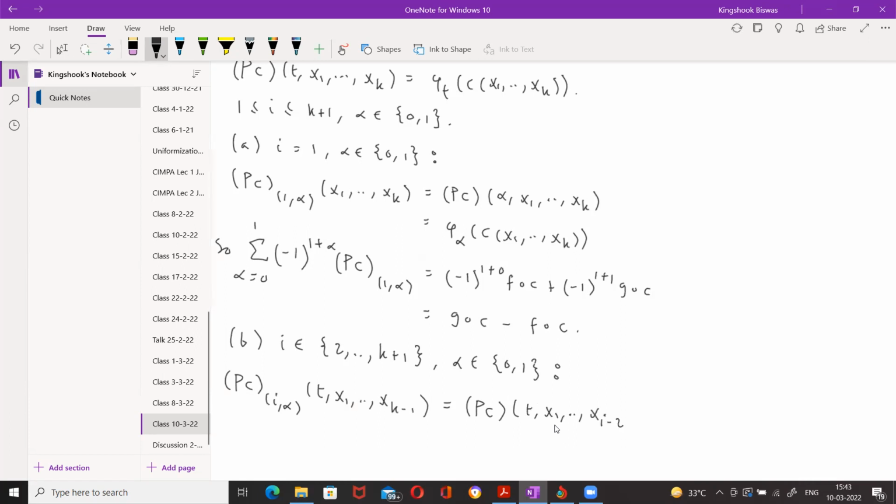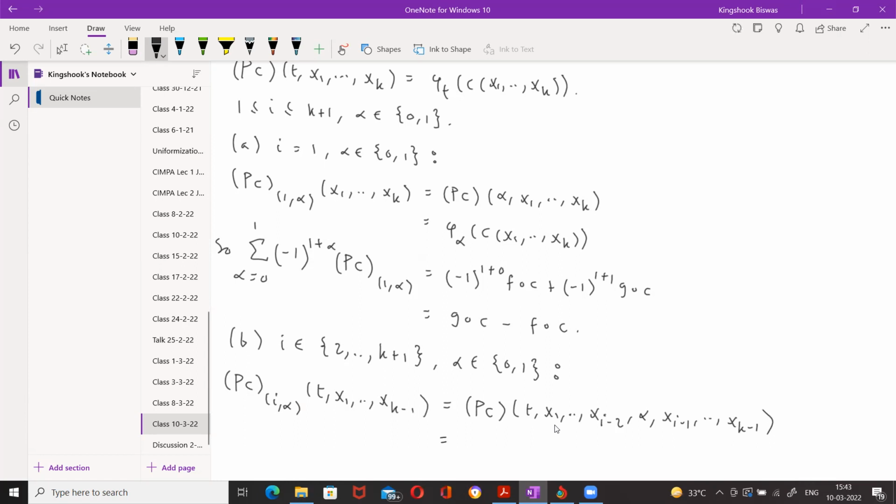That gives me i minus 1 terms, and then in the ith spot I put an alpha, and after that I have x i minus 1 up to x k minus 1, right? Is this clear?